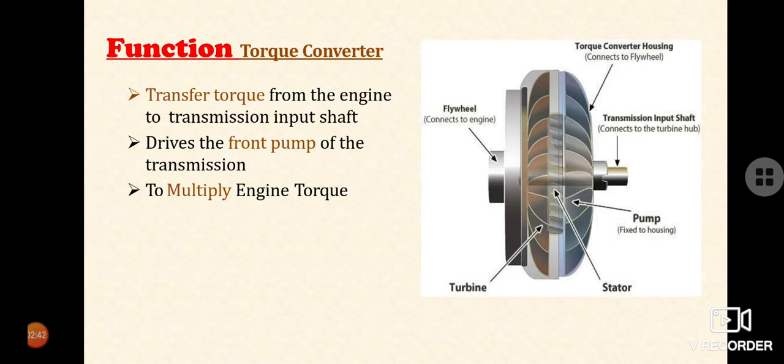The next function, it drives the front pump of the transmission. Another function, it isolates the engine from load when the vehicle is stationary. It multiplies the torque of the engine and transmits it to the transmission. It almost doubles the output power.